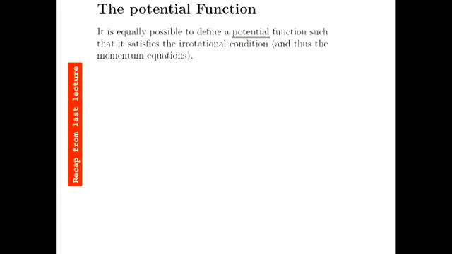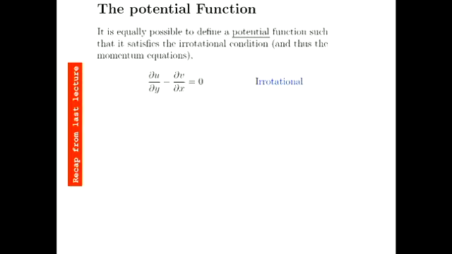And what equations of motion are we satisfying if we satisfy that irrotational condition? Momentum equations, right? I think one of you said that, or you were just clearing your throat, and I'm wishful thinking again.